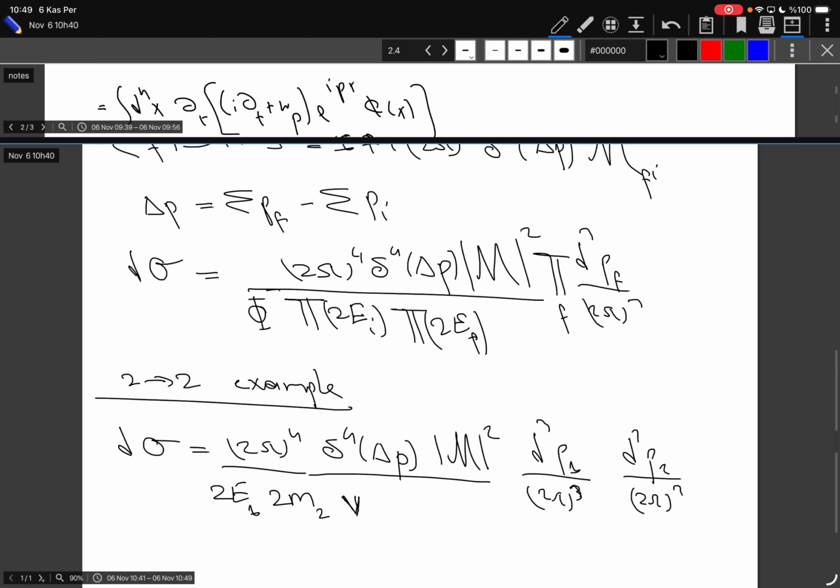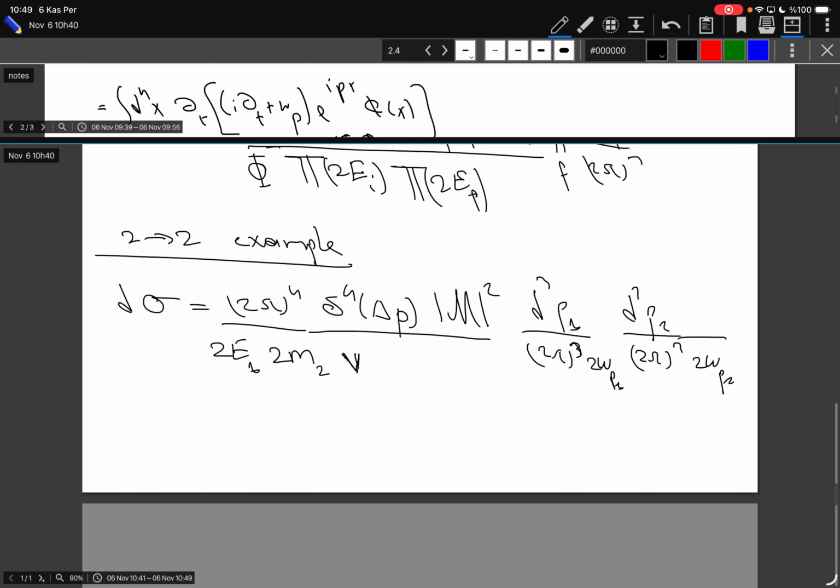Now I also need to divide by the normalization of the final particles. Let me write twice omega p1, twice omega p2 over here. I use E and M for the energy of the initial particles and omega for the energy of the final state particles.